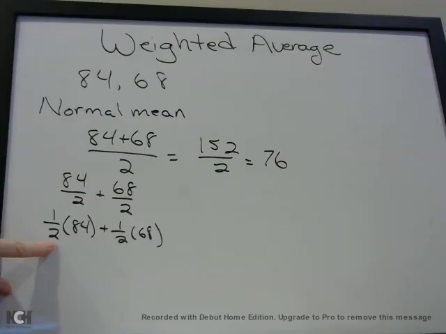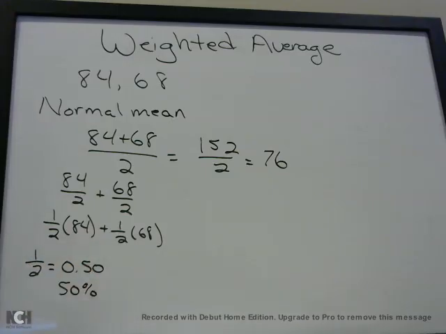If we wanted to turn this into a percentage, because a lot of times in weighted average problems they'll actually be percentages. Hopefully you know how to write 1/2 as a percentage, and if you don't, you need to watch the video on that. But 1/2 is just 1 divided by 2, and that equals 0.5. To write this as a percentage is 50%.